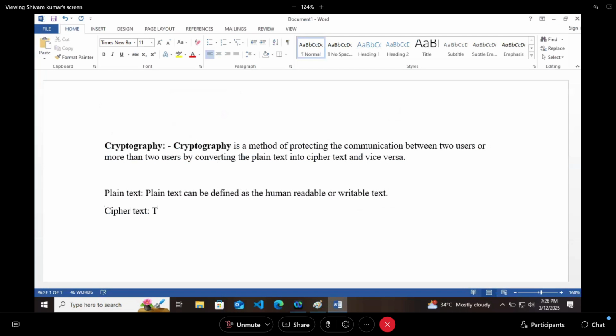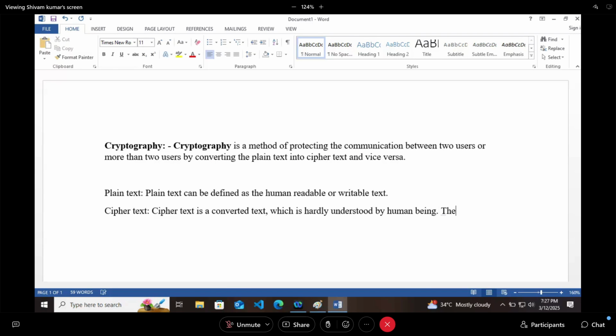Ciphertext is a converted text which is hardly understood by human beings. That's it. Now, ciphertext you can't understand, right? As a human, you can't understand.